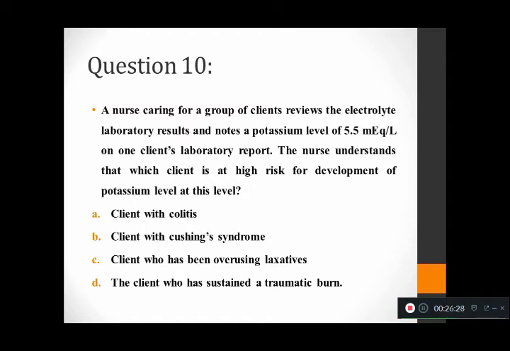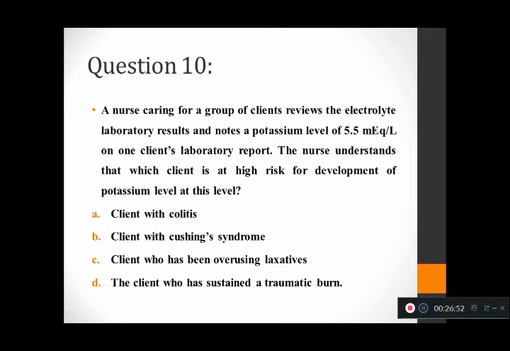The clients are: a client with colitis, a client with Cushing syndrome, a client who is overusing laxatives, and a client who has sustained traumatic burns. Among these four types of clients, which client will be at risk of developing potassium excess?